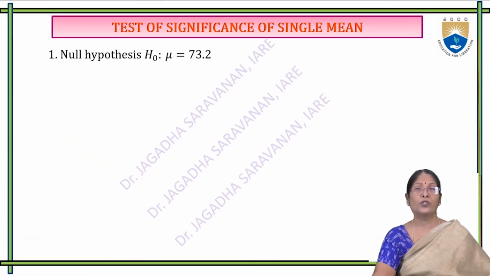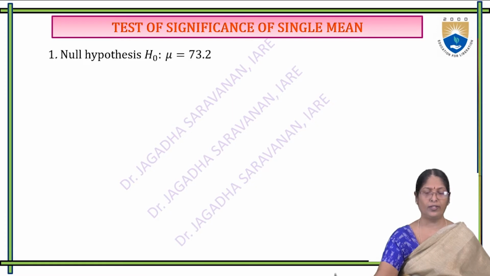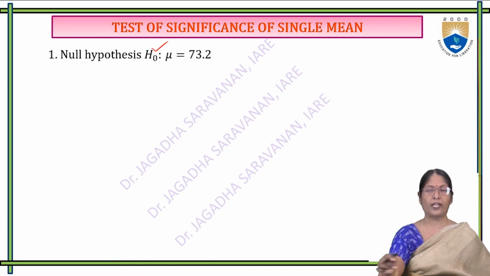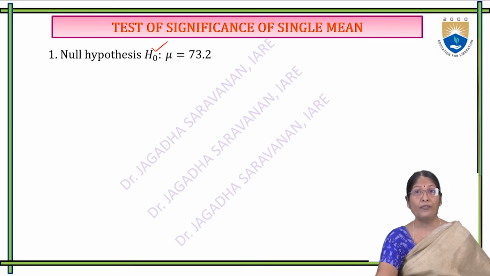Yes, the first point, null hypothesis. H0 is the symbol. This is the statement we have to define about the null hypothesis. That is H0 colon mu equal to 73.2. There is no question about it. What the problem defines, we accept it.